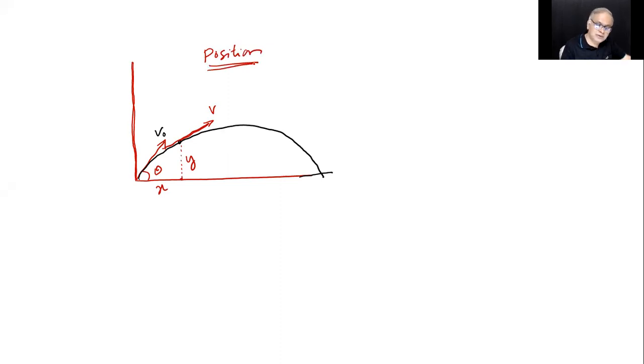What are our components of velocities, children? This is V0 cos theta. This is V0 tan theta. Isn't it? You're not even objecting that it's not tan theta.